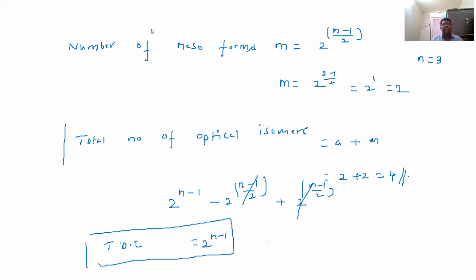We can put n equal to 3, so 2 power (3 minus 1) is 2 power 2, that is 4 total optical isomers. This is another method for calculating the total number of optical isomers if the molecule can be divided into equal halves.